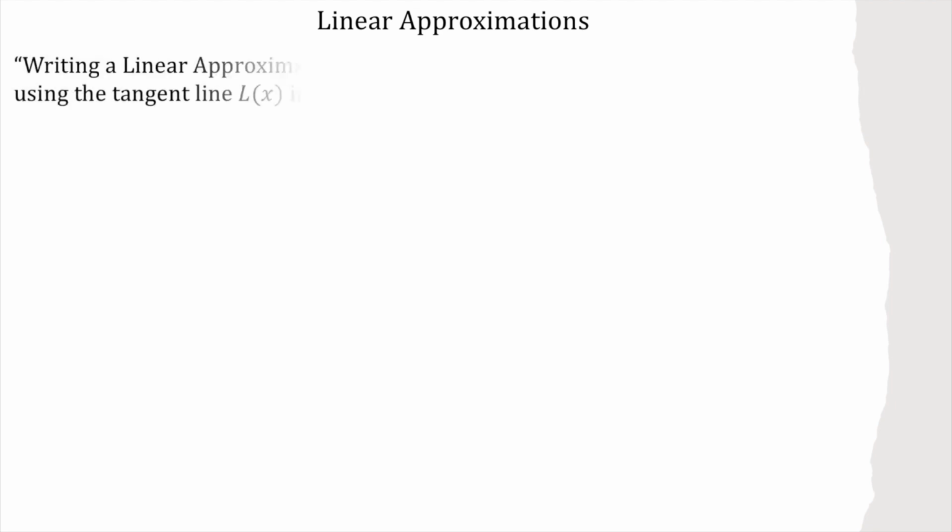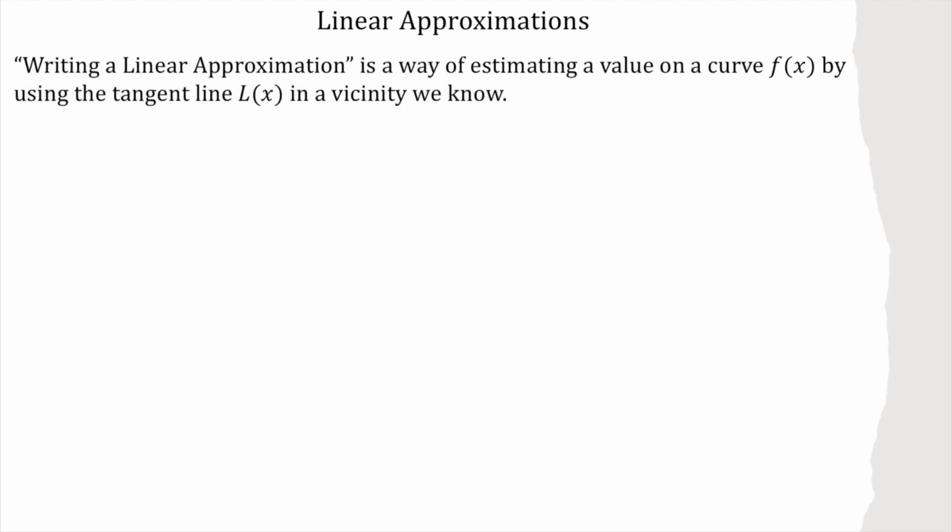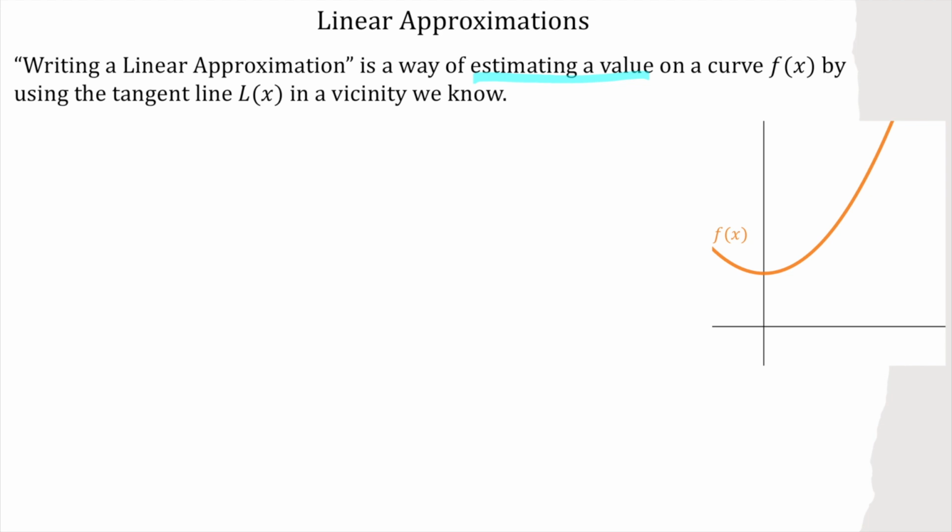We're talking about linear approximations, and writing a linear approximation is a way of estimating a value on a curve by using a tangent line in a vicinity we know. So here we have this curve f of x, and I want to know what f of a is, but maybe I don't have all the information.